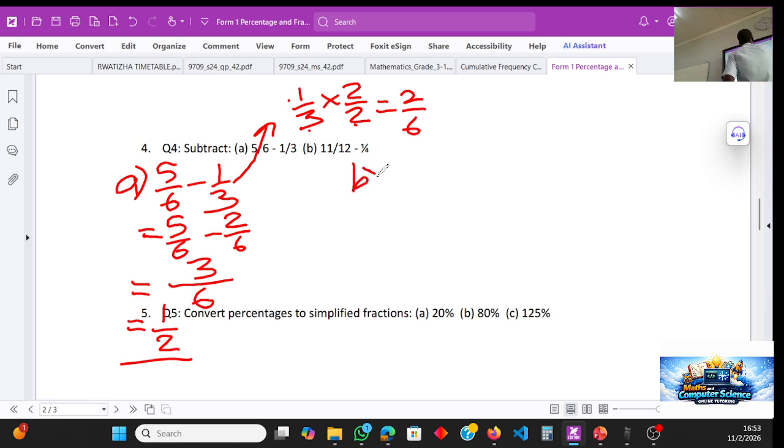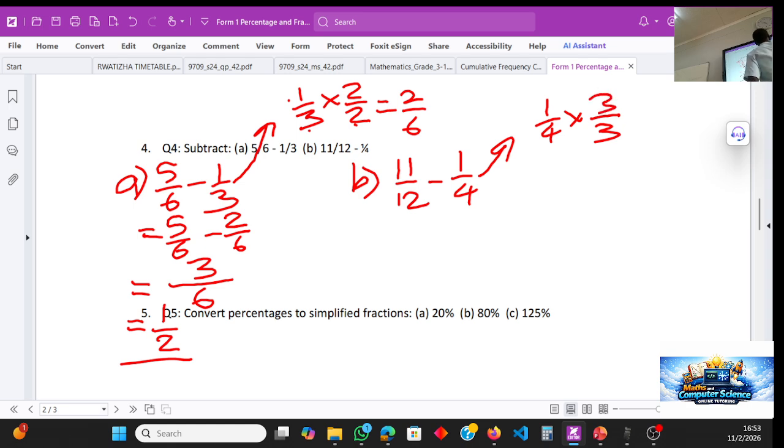Let me move on to B. B, I have got 11 over 12 minus 1 over 4. Again, if I check 12 and 4, they are both multiples of 4. So I'll need to convert this into its equivalent form with a denominator 12. So to do that, I'll say 1 over 4 multiplied by, because I want my denominator to be 12, I'll multiply by 3.